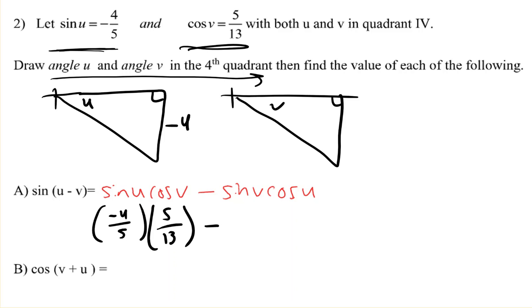U has a sine of -4/5. Cosine of V is 5/13. Pythagorean theorem or Pythagorean triples to figure out that this is a 3, 4, 5 triangle. Pythagorean theorem or Pythagorean triple to figure out that this is a 5, blank, 13.